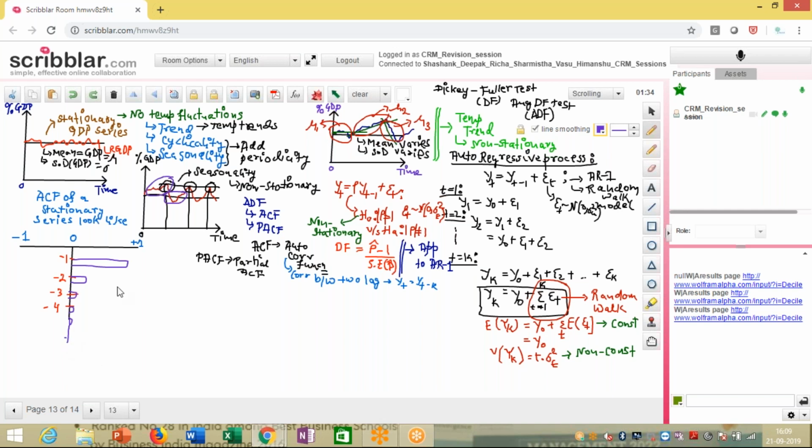So if you see that the autocorrelation values are falling exponentially over the lags, then you know that that series is a stationary series.